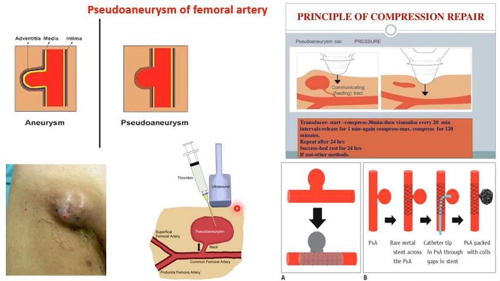It is always done under ultrasound guidance, wherein the track has to be very narrow. Another procedure is, after the stent is put in, another catheter is passed through which the whole pseudoaneurysm is filled with coils, so that no blood enters into the pseudoaneurysm, and the aneurysm will not grow further and will get absorbed and cut off.